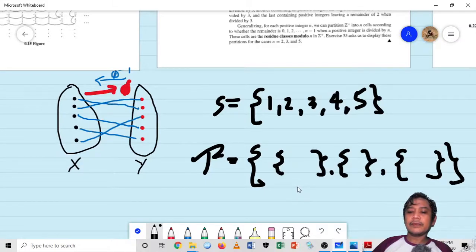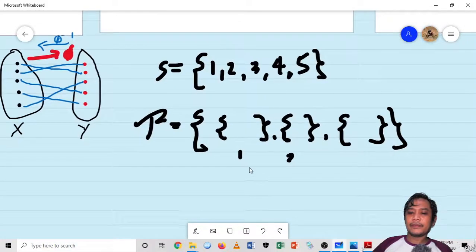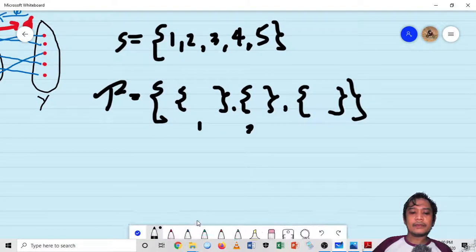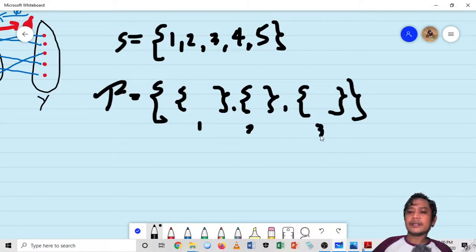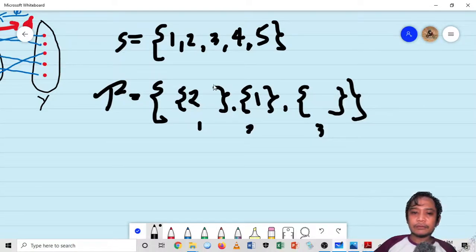Okay, so we have 3 cells. Again, each element of S should be in exactly one of these 3. For example, we put 1 here. 1 cannot be in the other 2. If we put 2 here, then 2 cannot be found in the other 2. If we put 4 here, 4 cannot be in the other 2.